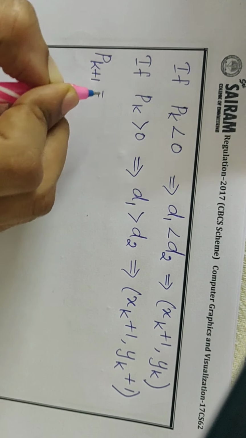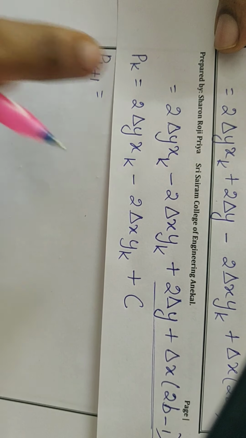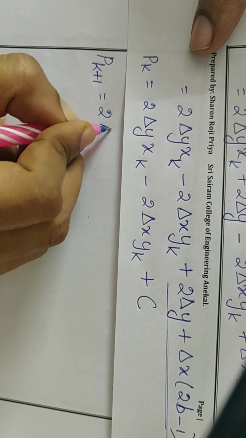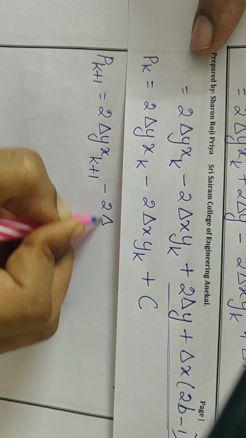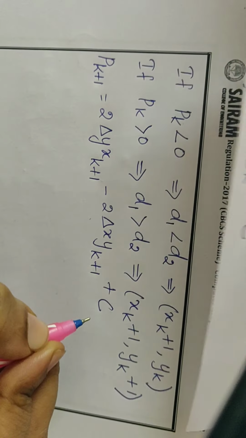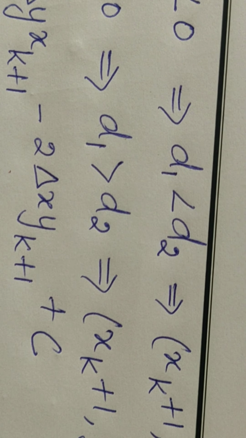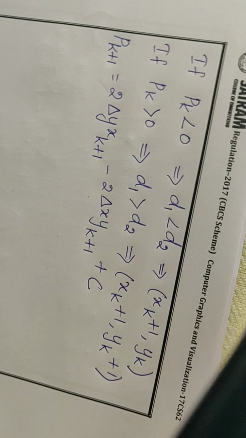So what is my pk plus 1? I'll show my pk. In the place of k, I have to write k plus 1. So it is 2 delta y x k plus 1 minus 2 delta x y k plus 1 plus c.